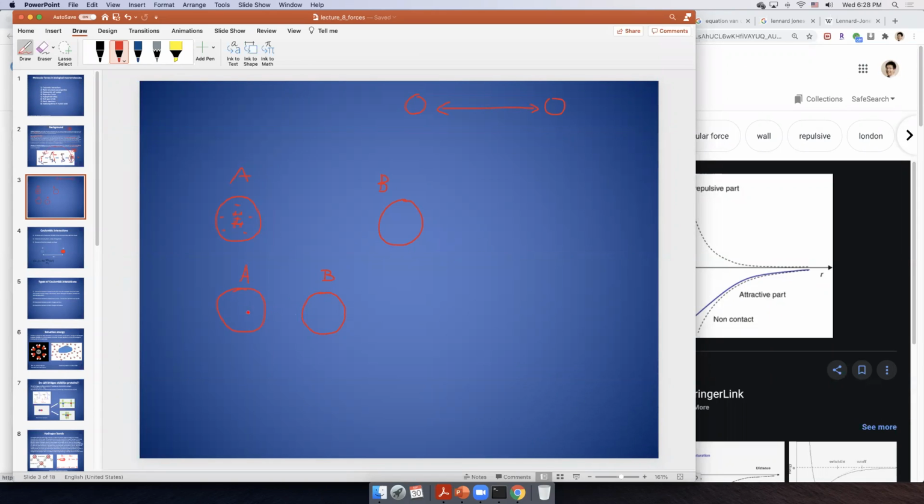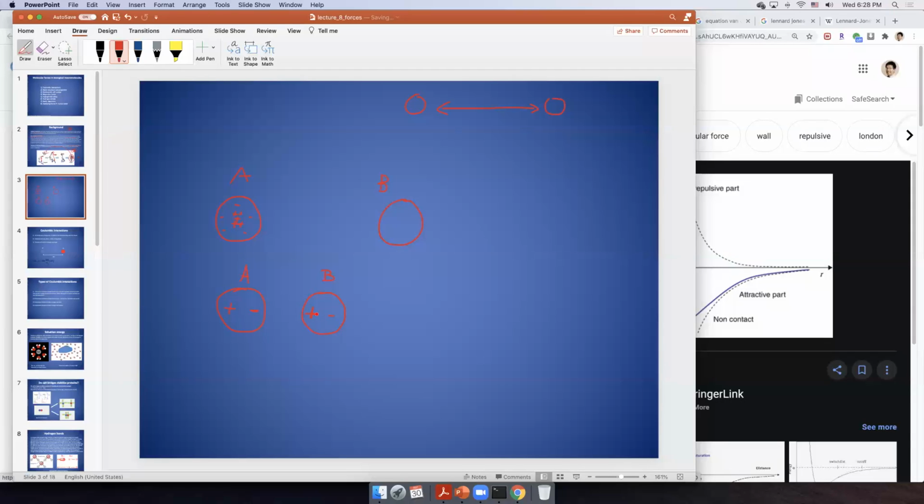If A and B are getting closer, the charge in A and in B will be redistributed. For example, we consider the center of positive charge here and the center of negative charge here; this is the case for A. For B, it will be the same case because when they get close to each other, the negative charge will attract positive charge.